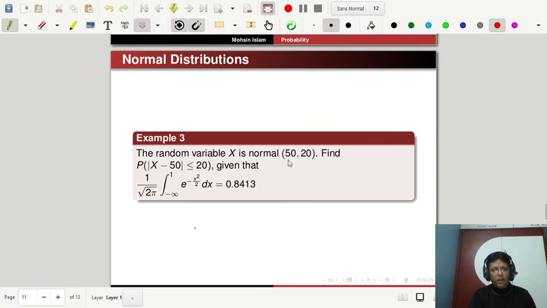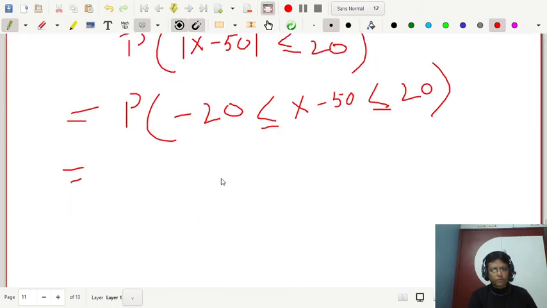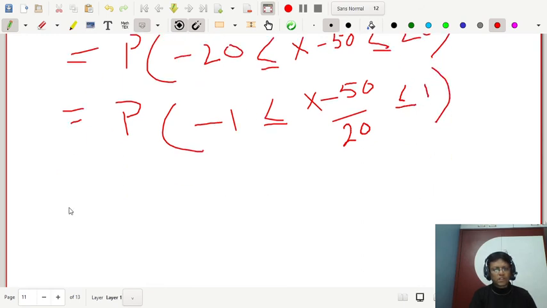The mean is 50 and standard deviation is 20. This is already in this form, so dividing by 20, you can get x minus 50 by 20, which is nothing but your standard form.